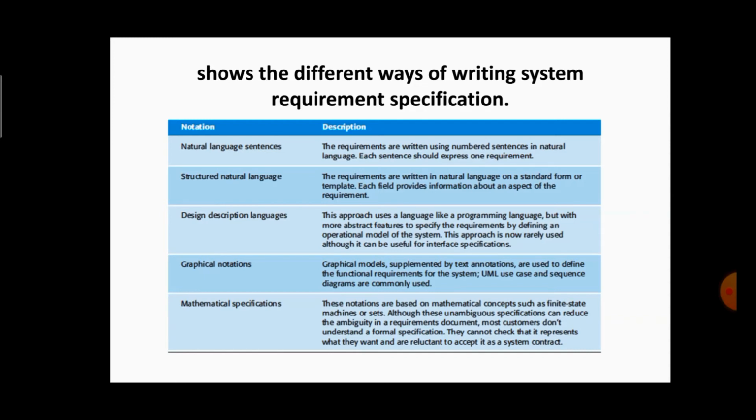I can use mathematical concepts like finite state automata, grammar. I can use these types of notations to express my requirements. But the problem here is that most customers don't understand a formal specification. They cannot check that it represents what they want. That is the problem here.